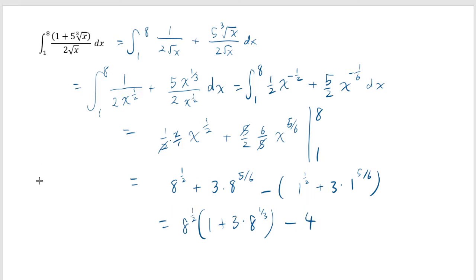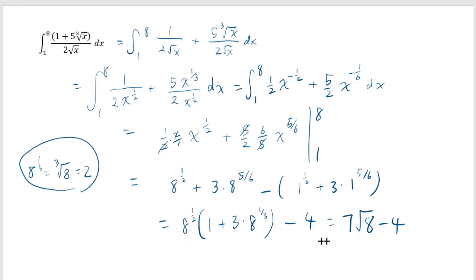And another thing that you have to know is that 8 to the 1/3 power is the cube root of 8, which is 2, right? So using that, this will be 2 times 3 plus 1, that's 7, and this is the square root of 8, so we have 7 times the square root of 8 minus 4. So you can simplify in that way.